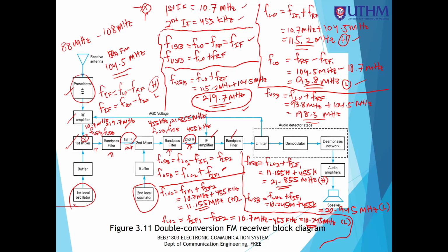Then it goes through the limiter. The limiter will adjust the amplitudes of the signal. Then it does the demodulation process, which produces the VMT. Then in de-emphasis, we reduce the amplitude of the signal by the same factor used in the transmitter to increase the amplitude.